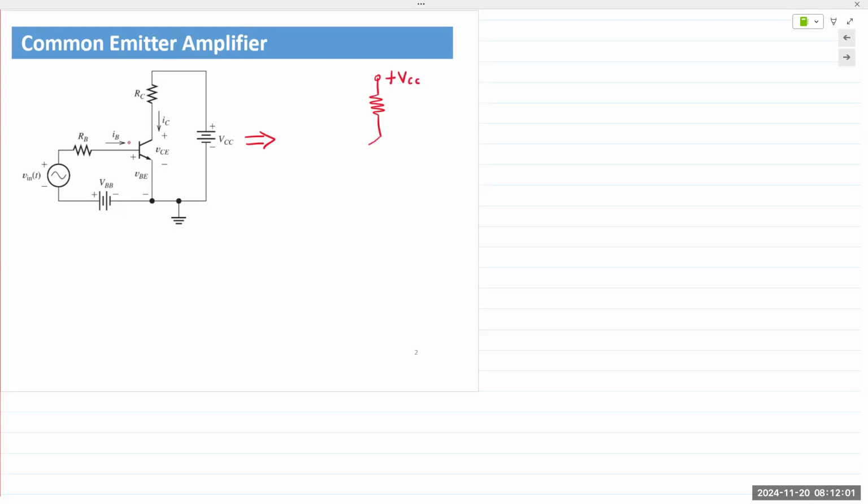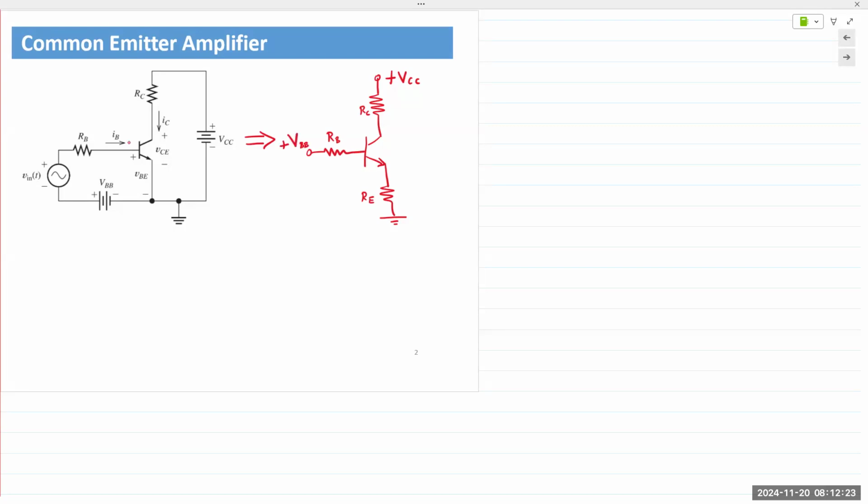Simply have VCC, perhaps an emitter resistor, indicated by ground. Base resistor RB, and we'd display this by VBB.